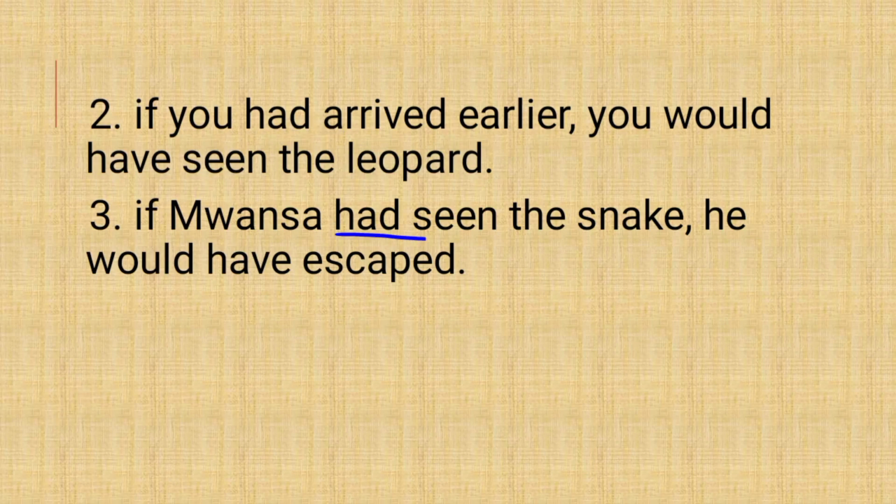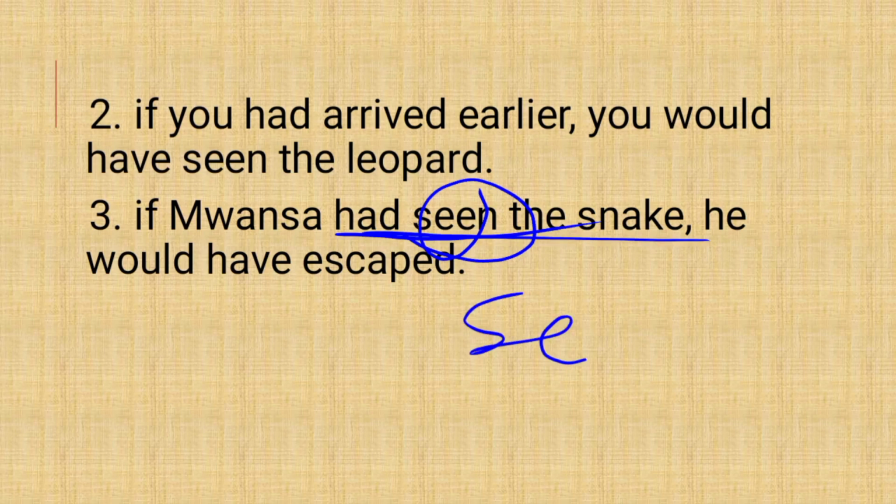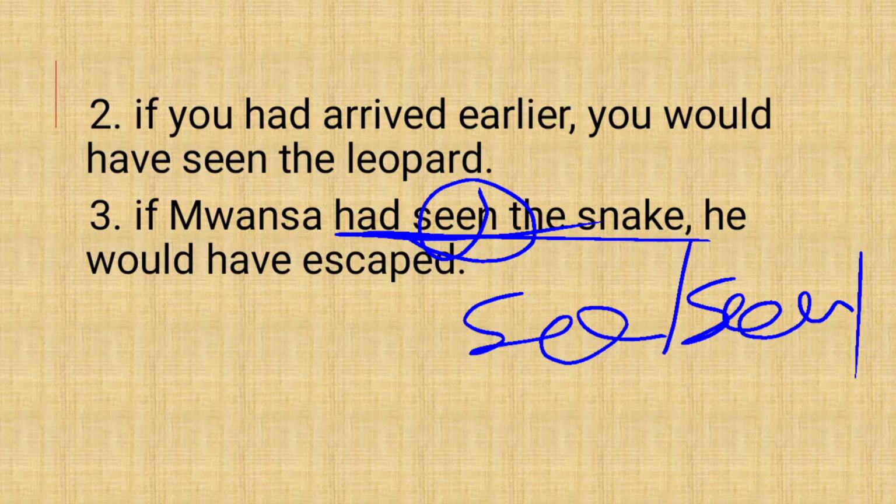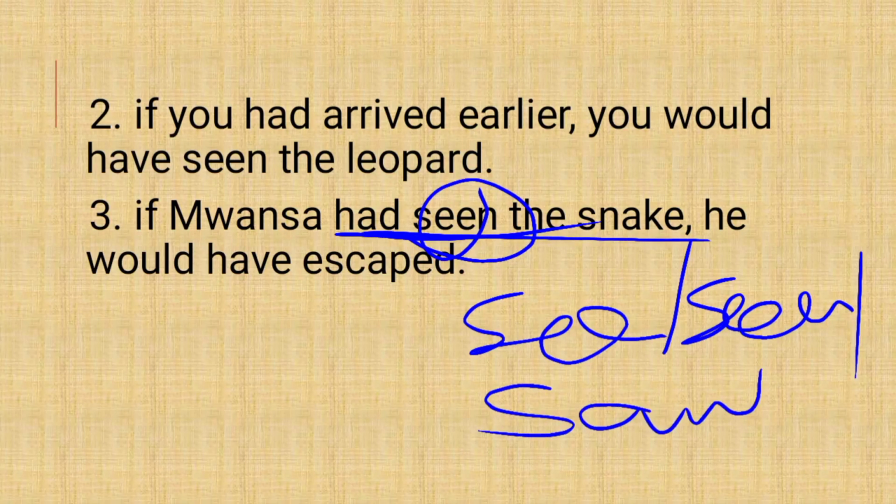If Mwansa had seen the snake, look at this. The word we have here is in past participle. The word itself is see. If you are just from seeing, what do you say? I have seen. But if it was in the past, what do you say? I saw. So see, seen, saw.